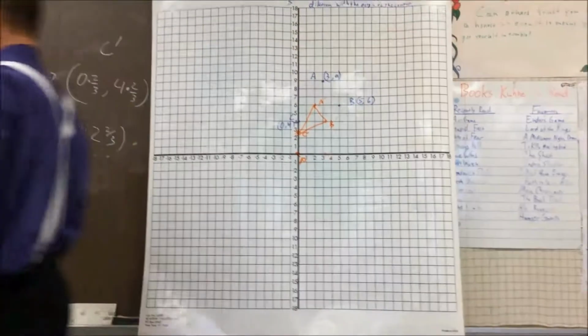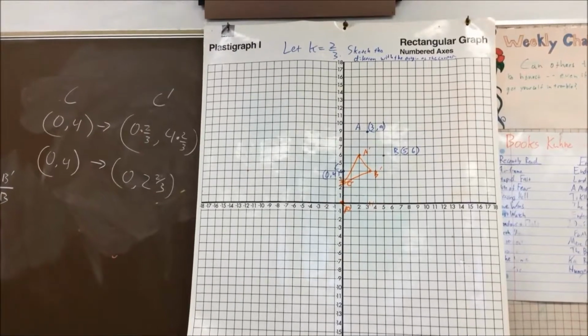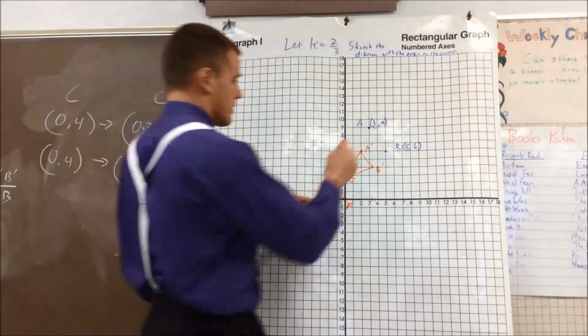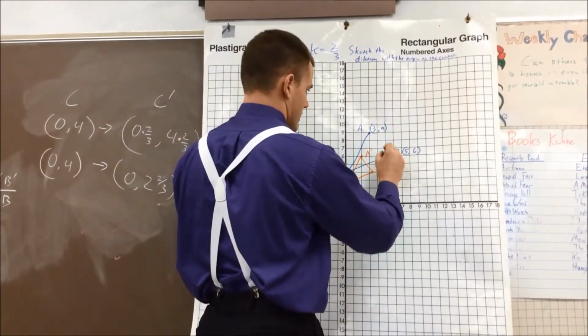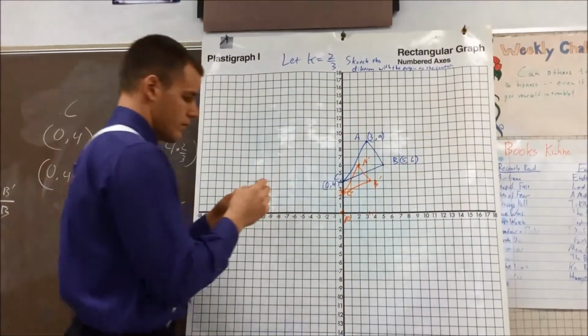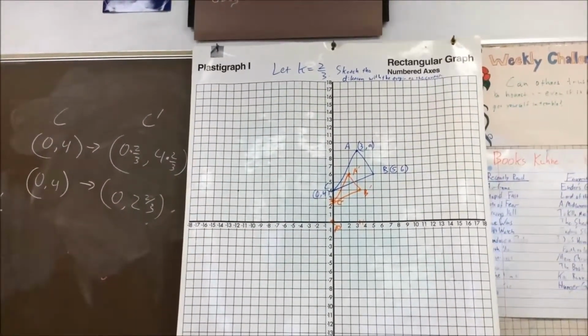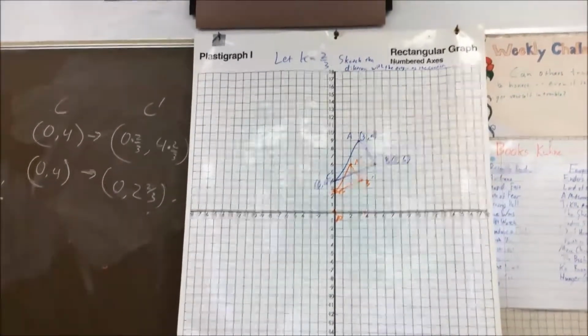So if I graph this, that's my image, my pre-image. I didn't want to get too much on there, confuse you. It was right there. Does that look smaller? Yeah, and it is smaller.